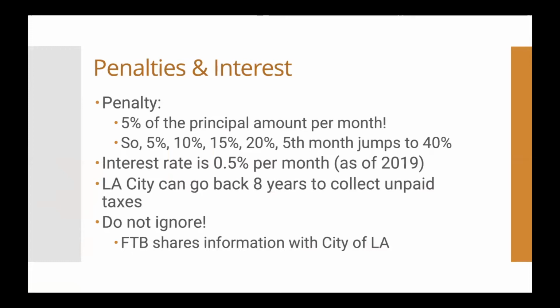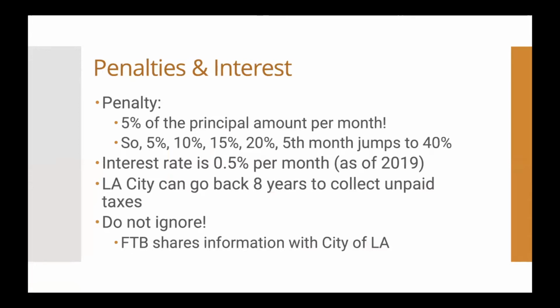Now, this last bullet point is super important. There was an assembly bill called AB63 that allows the Franchise Tax Board to share information about your business with the city of LA. So if you file a tax return and you have business income, and the address on your tax return is in the city of LA, and you did not file a business license, well, you're going to get a nasty letter from the city of LA saying you owe tax on what they think you made.